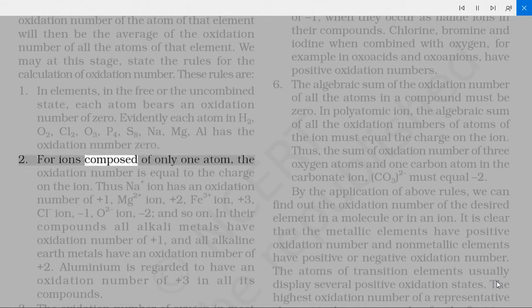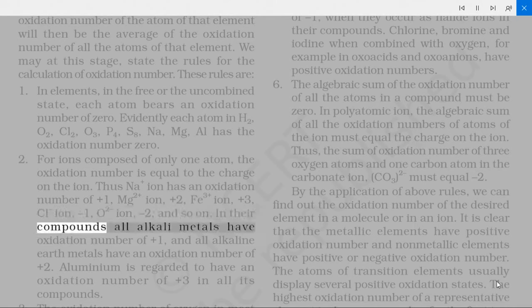For ions composed of only one atom, the oxidation number is equal to the charge on the ion. Thus Na+ ion has an oxidation number of +1, Mg2+ ion +2, Fe3+ ion +3, Cl- ion -1, O2- ion -2, and so on.